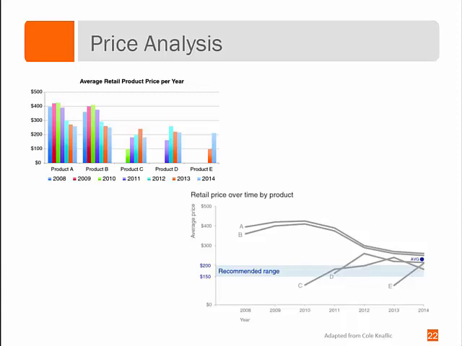And here it is between 150 and 200, and we create that bar all the way across. Now notice that there isn't any particular data that's representing this recommended range bar.